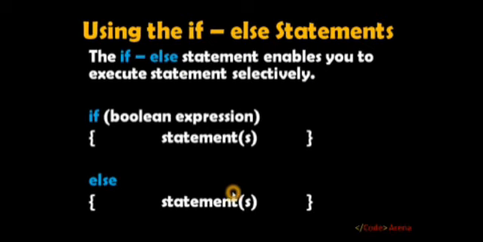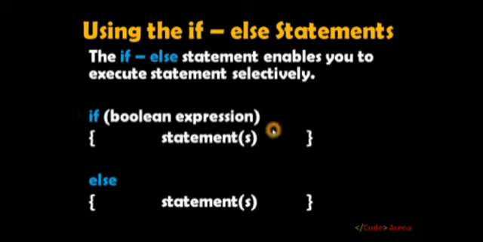Now, in this code, if the Boolean expression of the if statement, whatever you're going to be writing within this bracket, evaluates to true, the Java compiler compiles this statement. Don't forget, this is the syntax of writing an if and else statement.